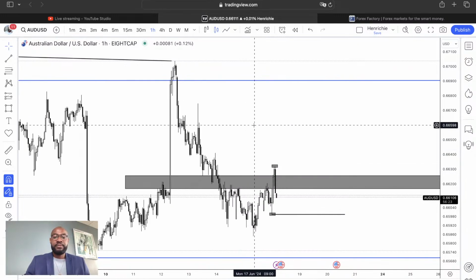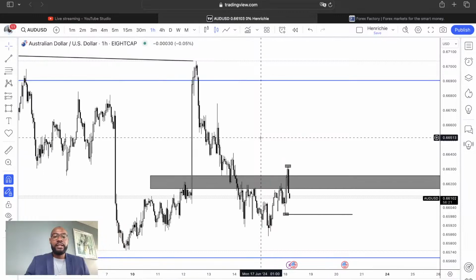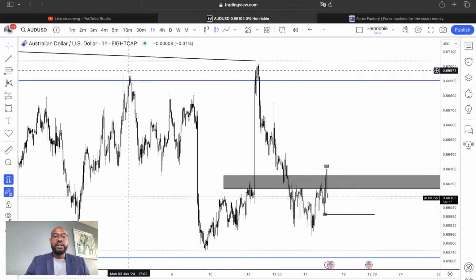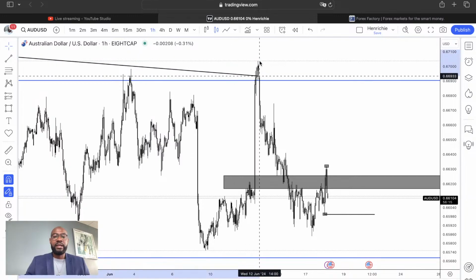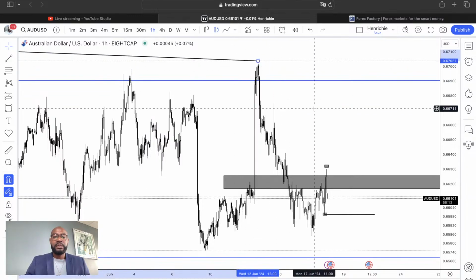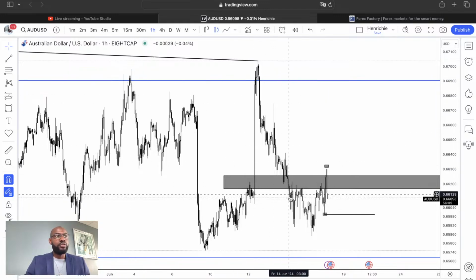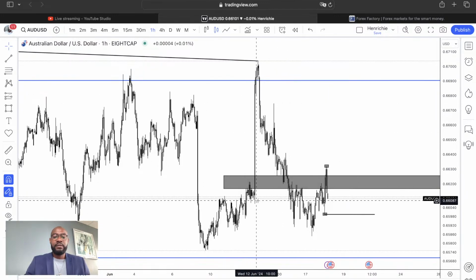Thank you so much. So now looking at this right here, you can see that after price went to the upside, took liquidity from this high right here, after taking that liquidity from here, we dropped to the downside, breaking this low right here.